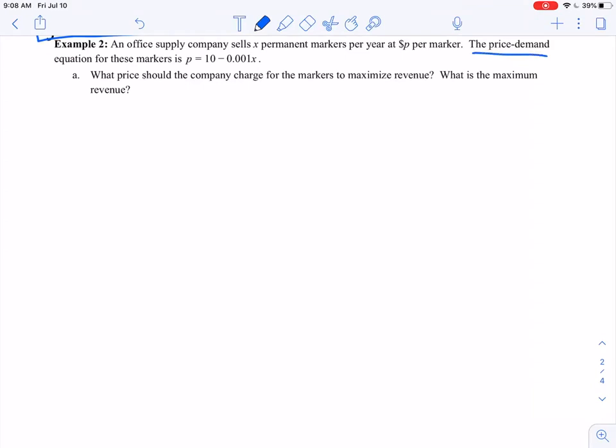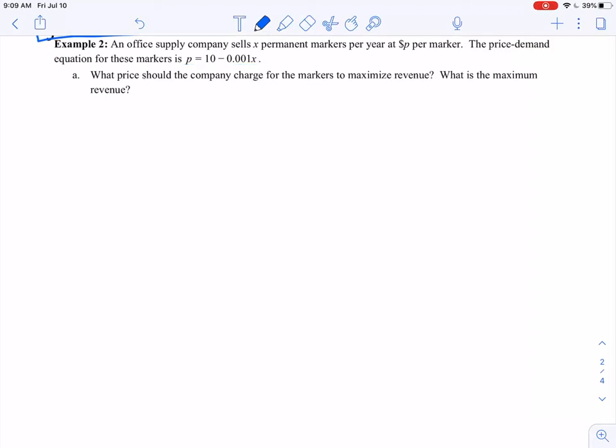The price-demand equation for these markers is given by P equals 10 minus 0.001x. Part A says, what price should the company charge for the markers to maximize revenue, and what is the maximum revenue?